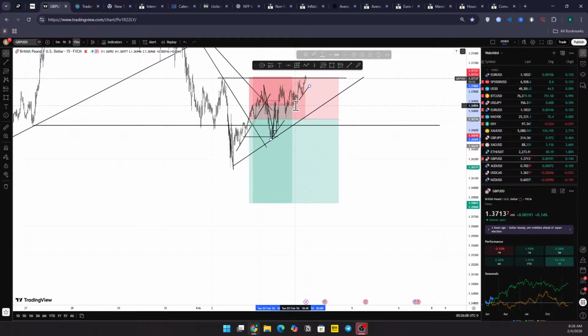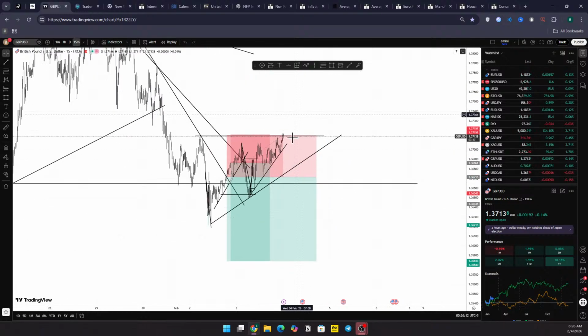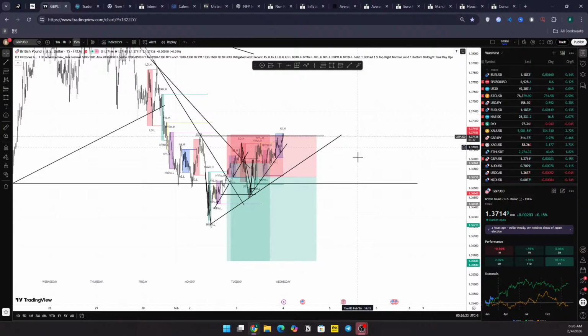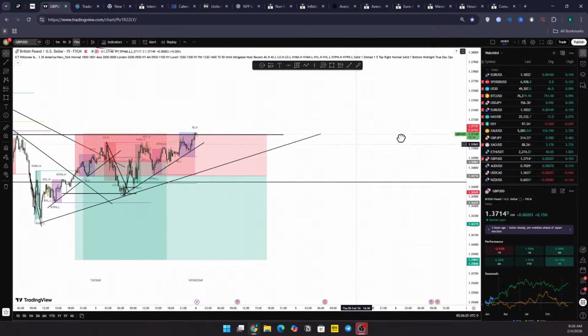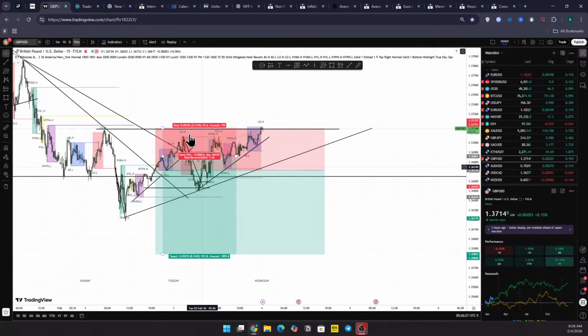I would say the market has already built a lot of liquidities to take later, in the London session or something, early in the morning. So let me go to the indicator and show you where the London session is going to open. This was one day's worth of price action, guys.